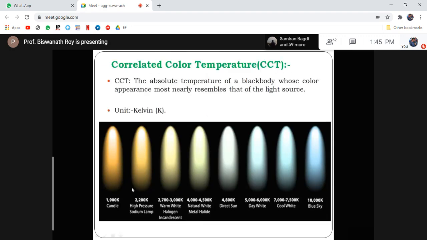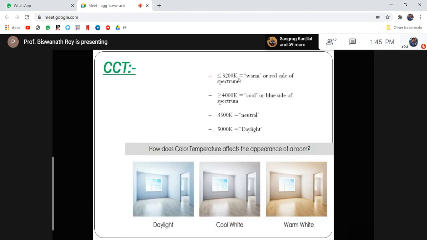The warm white means yellow white, when the value of the CCT is lower, of the order of around 3000 Kelvin. When the CCT value is more than 4000 Kelvin, then we can expect that the color appearance of the emission is bluish or cool white.